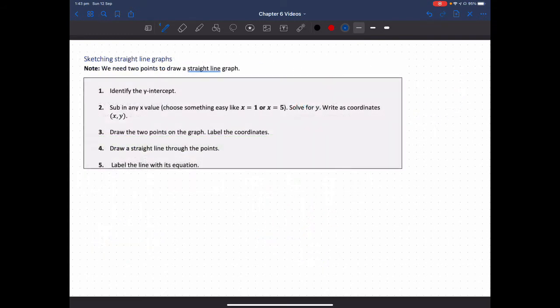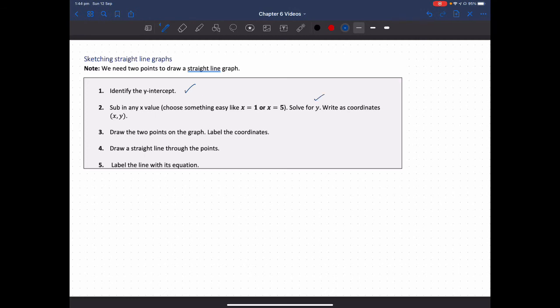Now we're going to consider sketching straight lines. To sketch a straight line, you need 2 points that are on that straight line. You plot the 2 points, and then you rule your straight line through them. Where possible, identify the y-intercept. Pick any number for x and substitute it into the equation, and that will give you a y value.